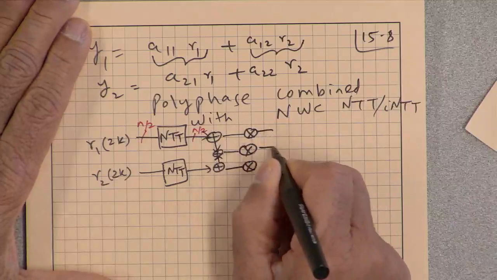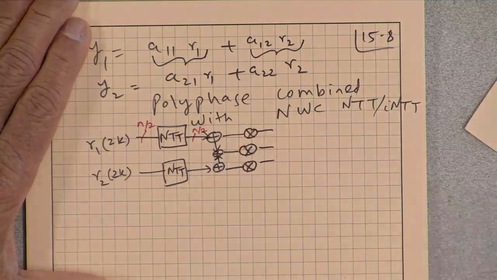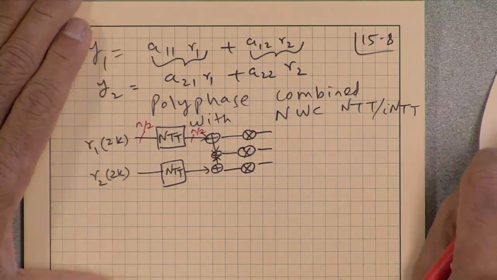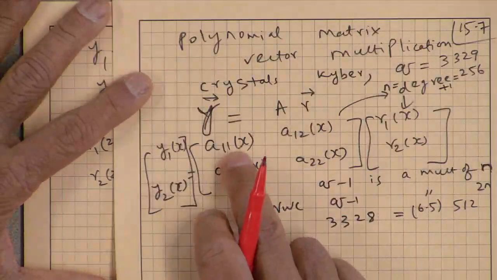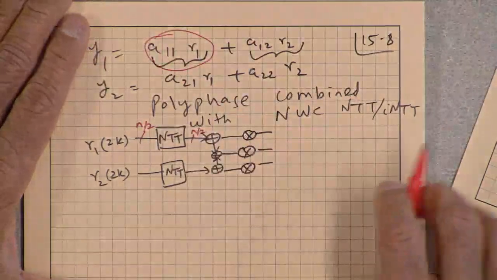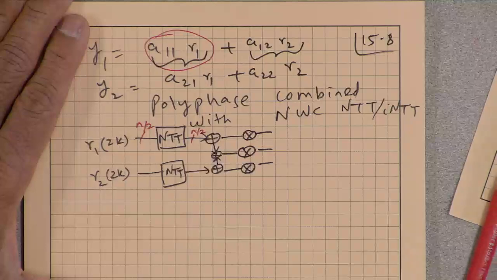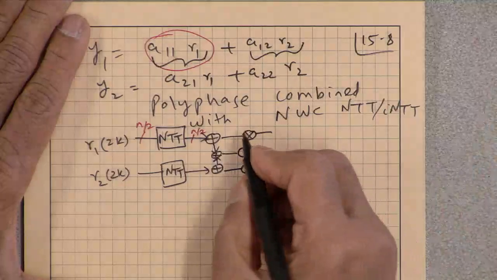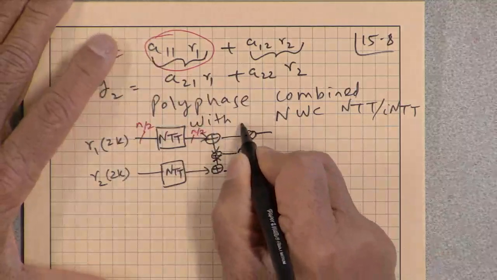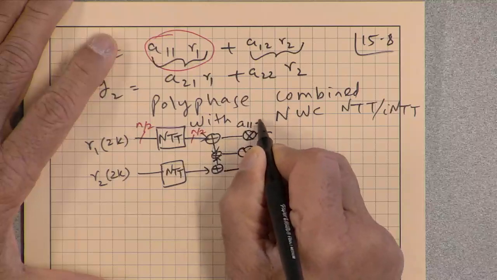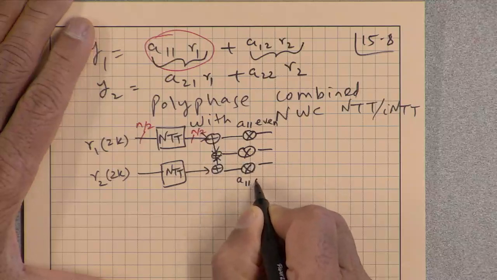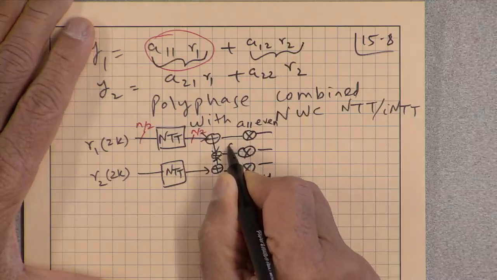People talk about filtering, but the filtering really now is just multiplying by this A11. So think about A11 times R1. Whatever A11 is in the equivalent frequency domain, you can think of that as the A11 even part and the A11 odd part, and then this is even plus odd.